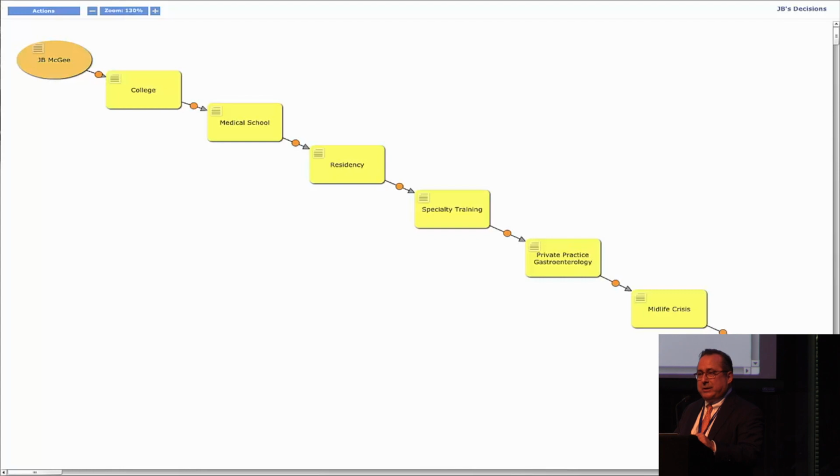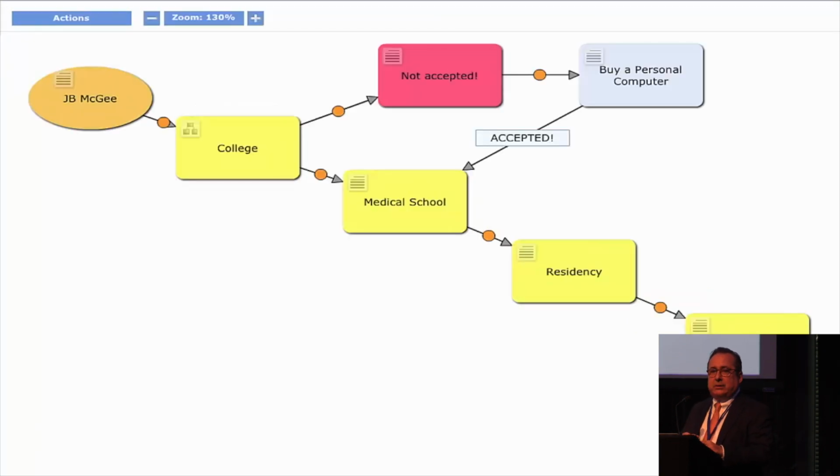And the branch points and the decision points had an effect on life. The biggest one, as I reflected on how we got here, was that I wasn't accepted to medical school the first round. I have to admit I'm not the strongest student, and I had a year off between finishing college and starting medical school, hopefully.